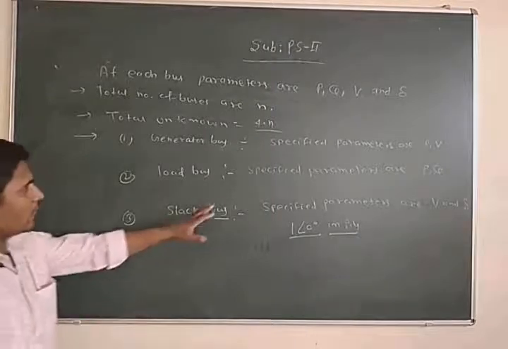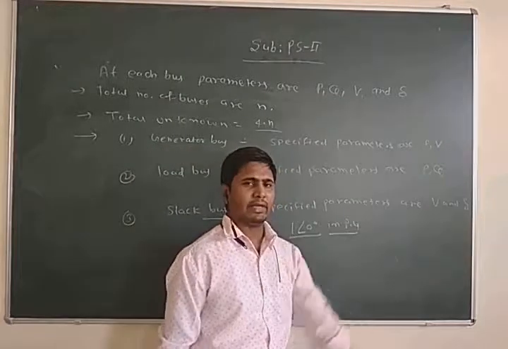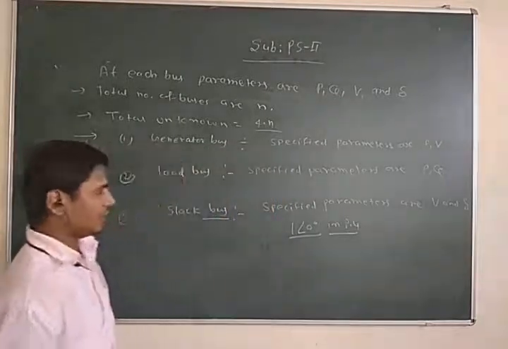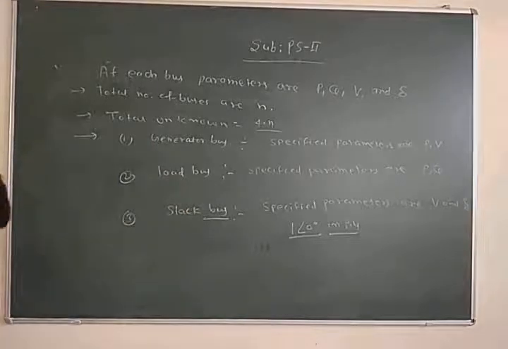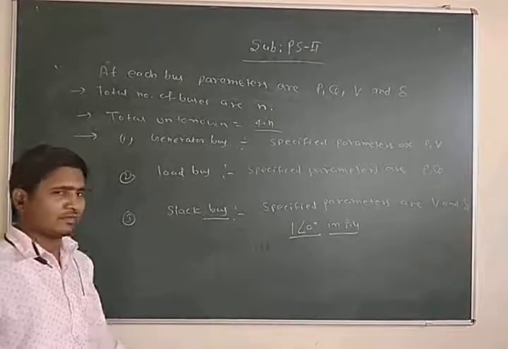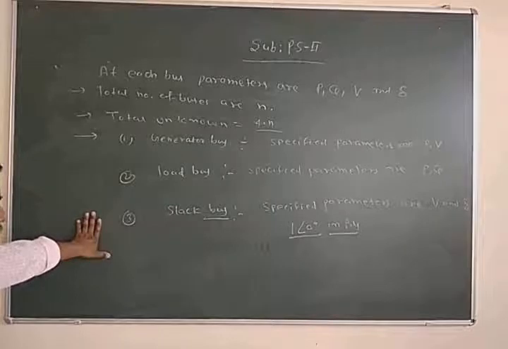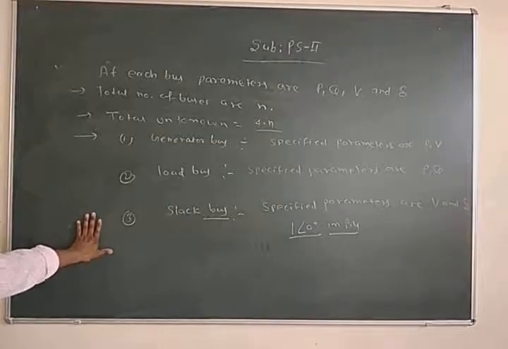So at each bus two parameters are specified and the next two parameters are unknown. At each bus there are two equations, so the total number of equations becomes 2n. Now the equations are solved with the help of iterative methods.